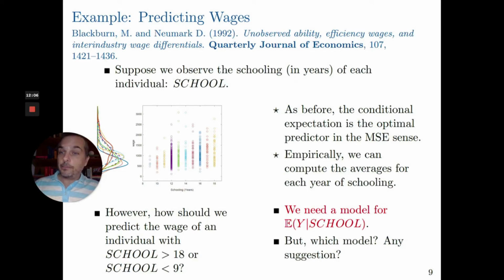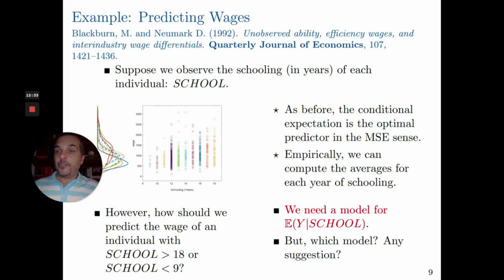But which model? So pause the video right now, think a bit. Which kind of model are you going to choose? Or you may say, no, I'm working with a population where I'm not going to have anyone with more than 18 years or less than 9. Okay, that's a valid assumption.